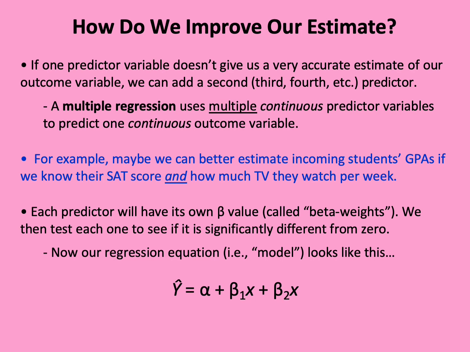A lot of times, instead of doing a simple regression analysis with a single predictor variable, we can undergo a multiple regression analysis. And in this case, we look at several continuous predictor variables and use them to predict our one continuous outcome variable. In this case, we would utilize the same equation, except instead of having y hat equal to alpha plus beta multiplied by x, we would have multiple beta terms.